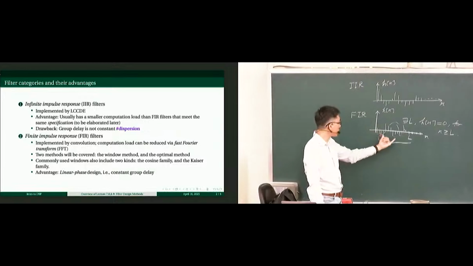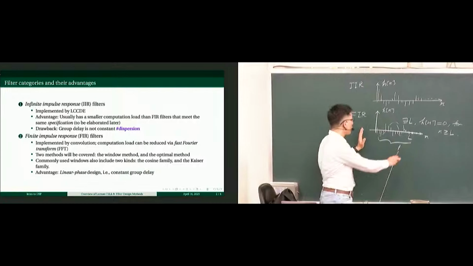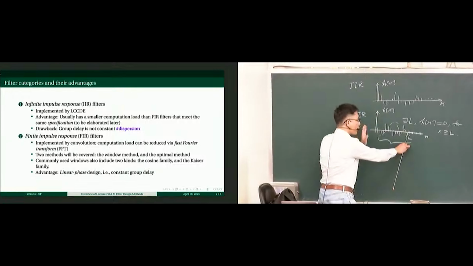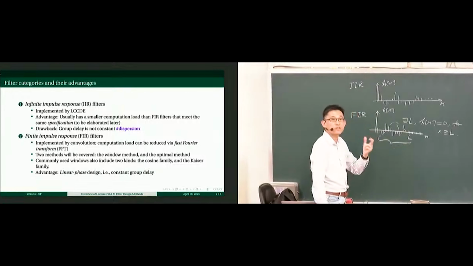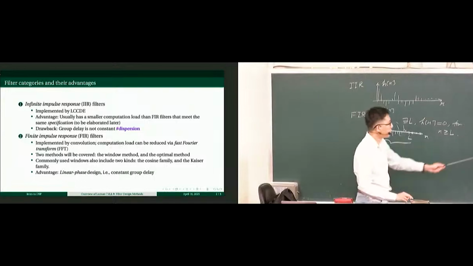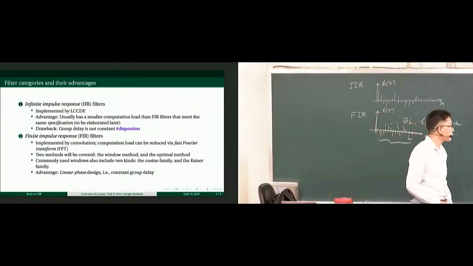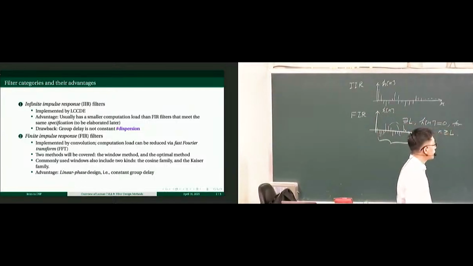But anyway, the idea is that the duration over which the impulse response is non-zero is finite. It's pretty easy to understand. So: finite impulse response, infinite impulse response. We look at some comparisons between these two different categories.